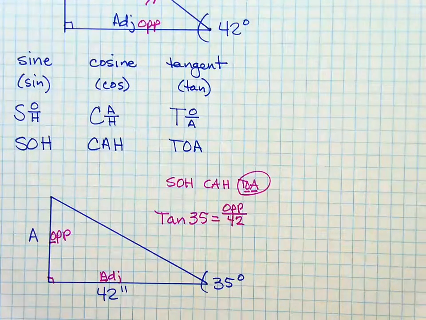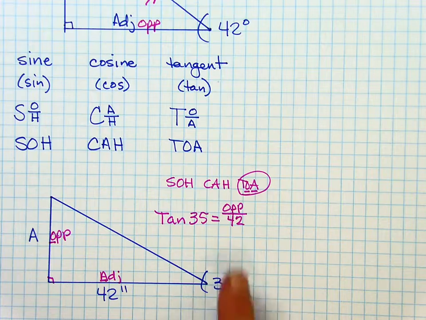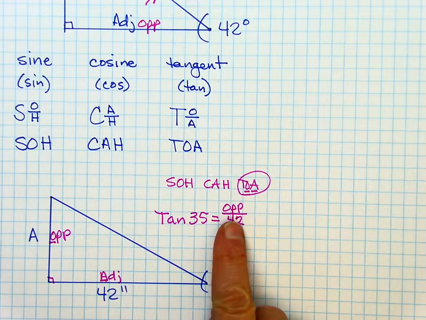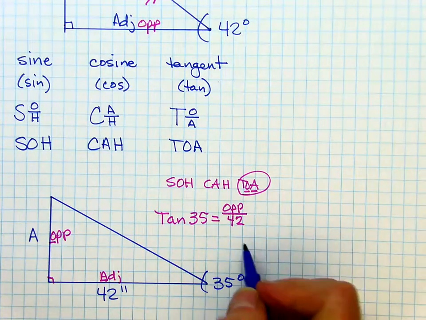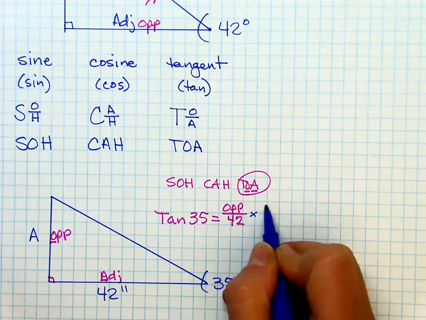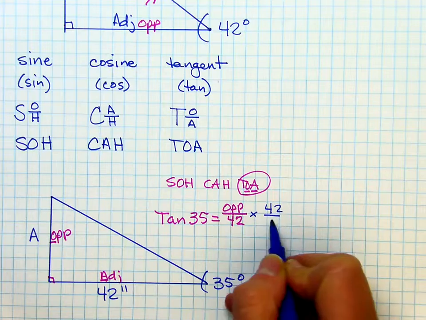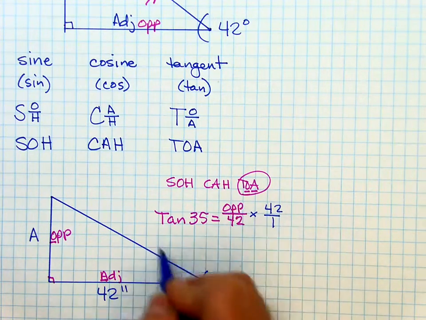Okay. Now, to input this into the calculator, we've got to move things around. We want the opposite to be all by itself, and so what we're going to do is multiply by 42 to both sides. And by doing this, I'm getting rid of this fraction setup.